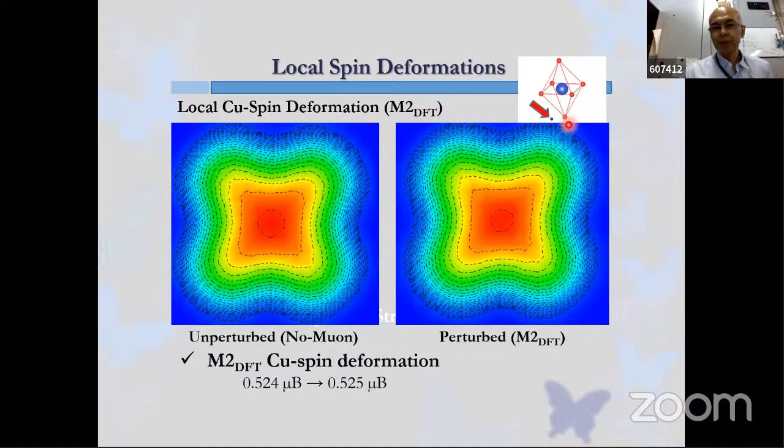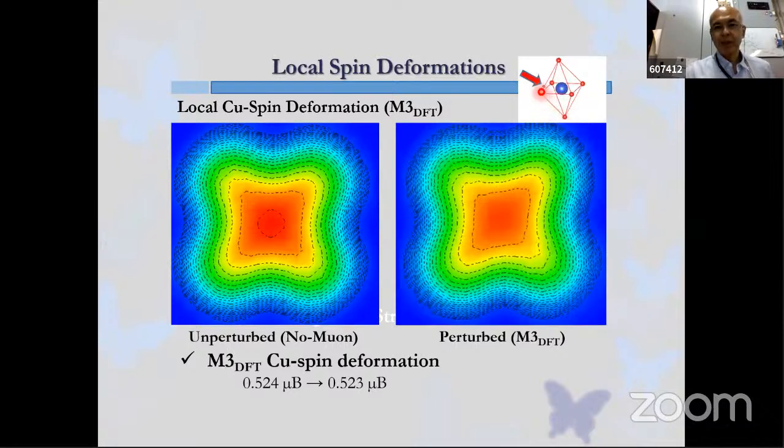For the next muon position, the deformation becomes a little bit less because the muon is too far from the kappa. On the other hand, if the muon sits here, very close to the kappa, the deformation becomes much bigger. This is a very symmetric rectangular shape, but all the symmetry is already lost.